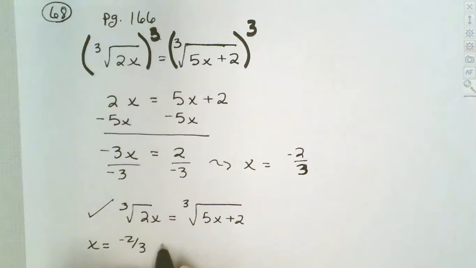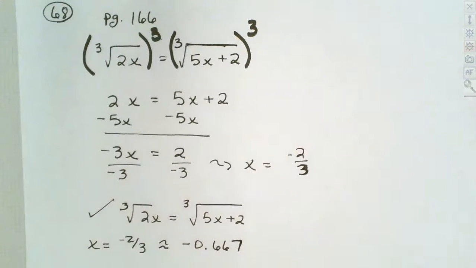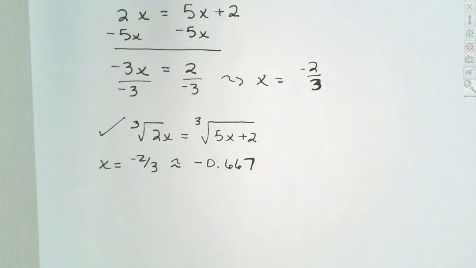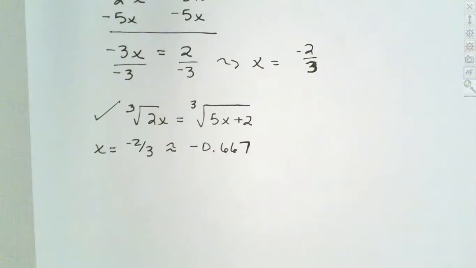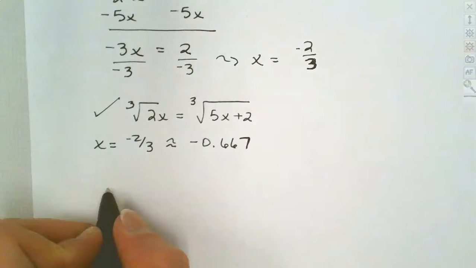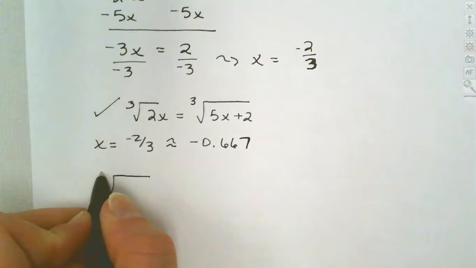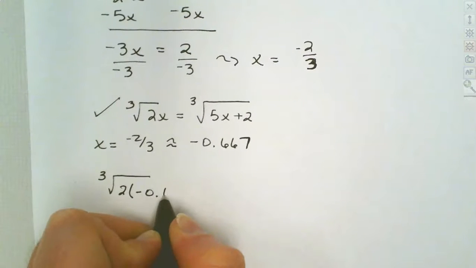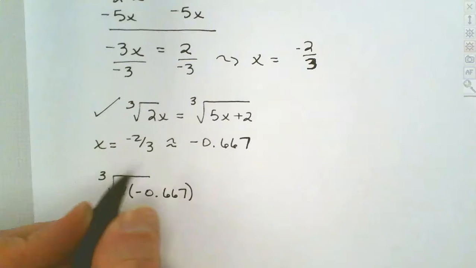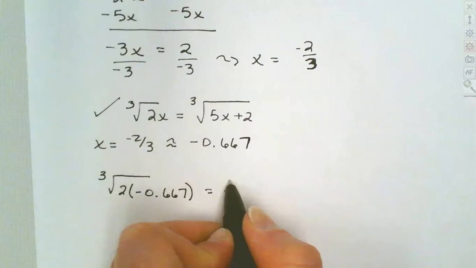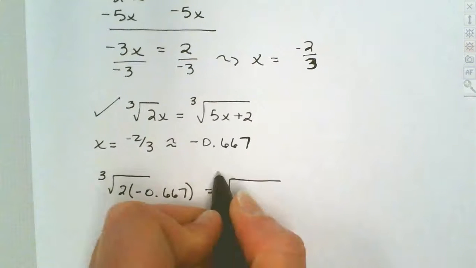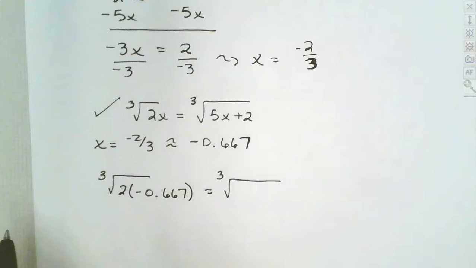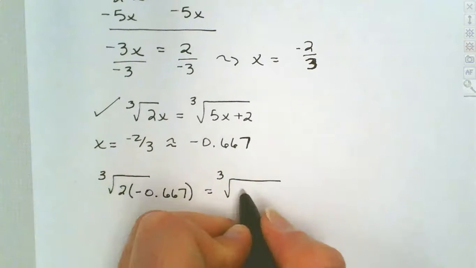We're going to check that with a minus 0.667. It's going to be close enough. So if you need to check these, you can check them with the decimal approximation. All we're looking for is to make sure that the sides match up. We're not going to work these out completely. All we have to do is make sure they match up.